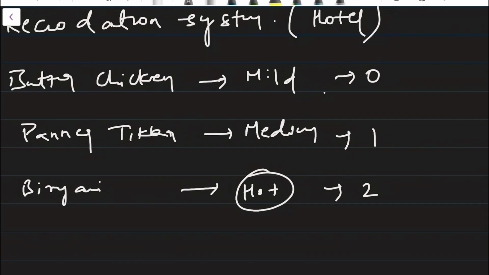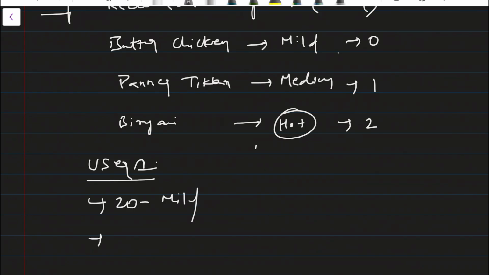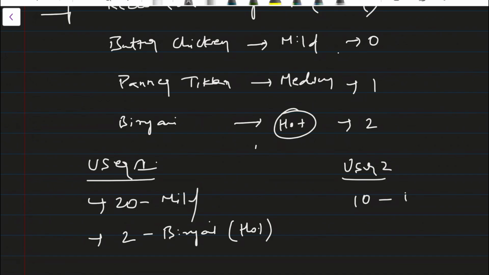So we can transform the data. Let us suppose user one has ordered around 20 mild and 2 biryanis, which is hot. And user 2 ordered 10 times biryani and 3 times paneer tikka masala.